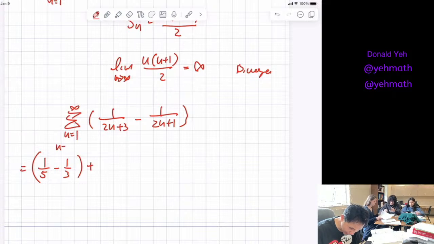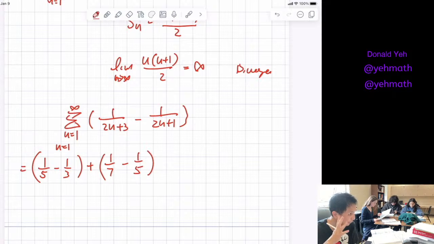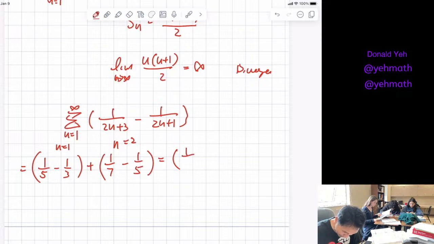Now n equal to 2: 1/7 minus 1/5. Good. I'm going to keep going. What's the next one? 1/9 minus 1/7.